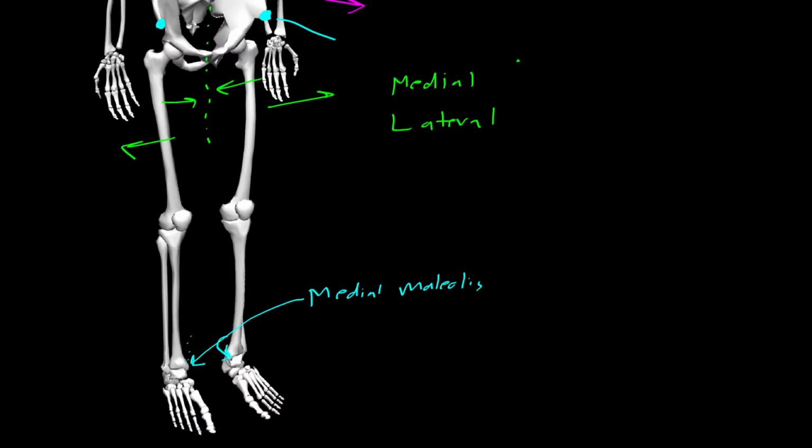And then, as you might guess, there is also a lateral malleolus. Can never remember if that has one or two L's. That's there and right there. So medial and lateral. Medial, of course, you can remember it's towards the middle of the body. Lateral is towards the outside of the body.